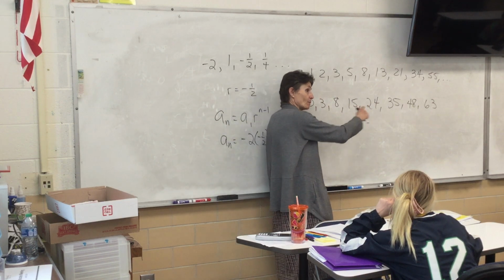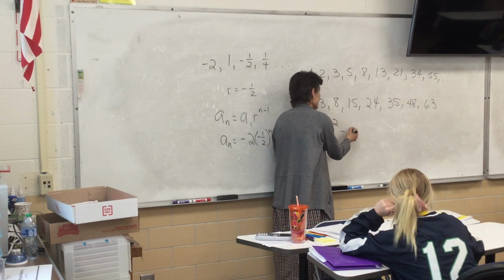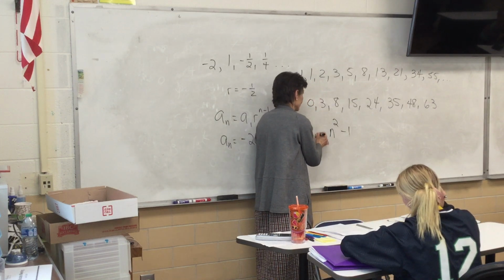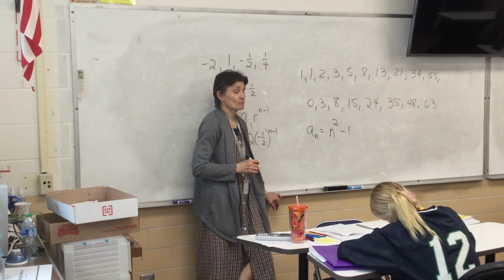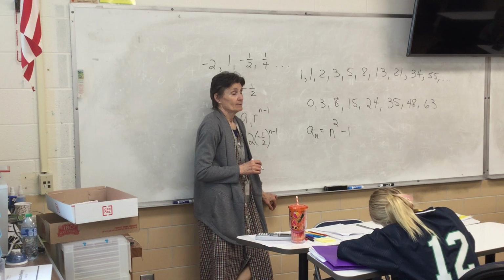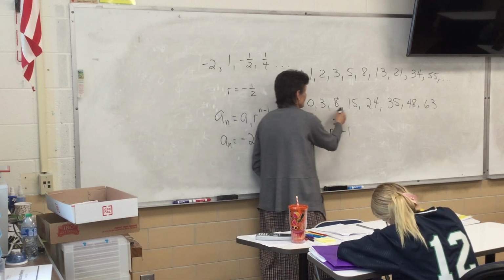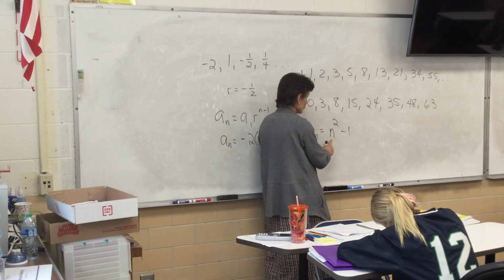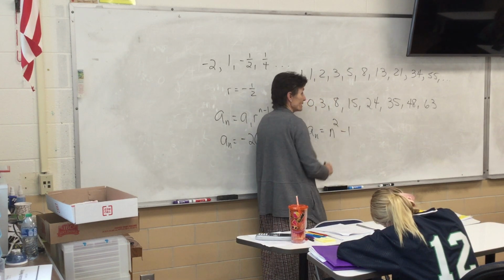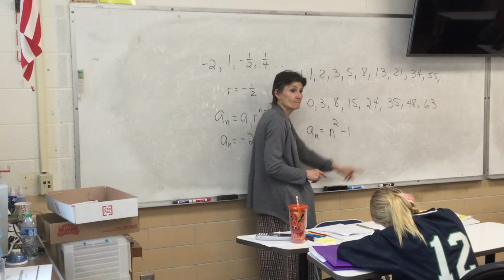So these numbers are the squares minus 1. That's your explicit formula. If you want the 5th term, 1, 2, 3, 4, 5, the 5th term will be 5 squared minus 1. It sure is, 24.